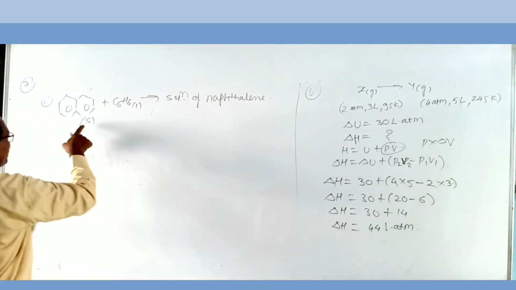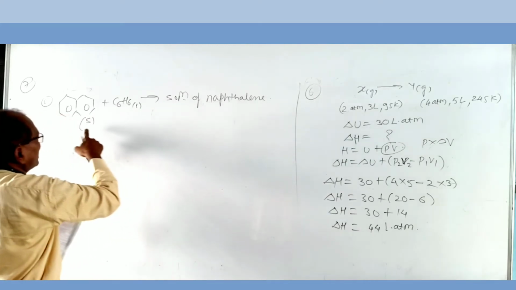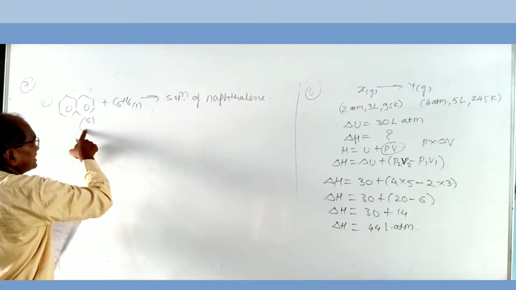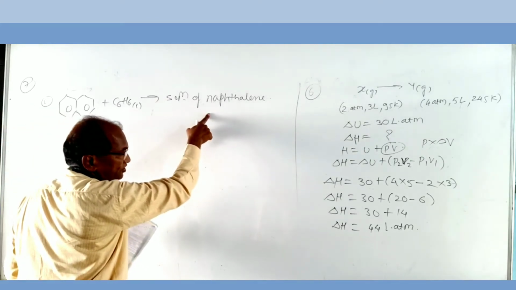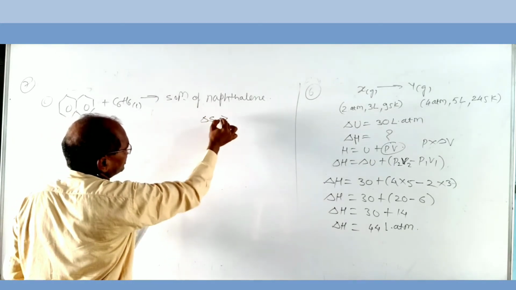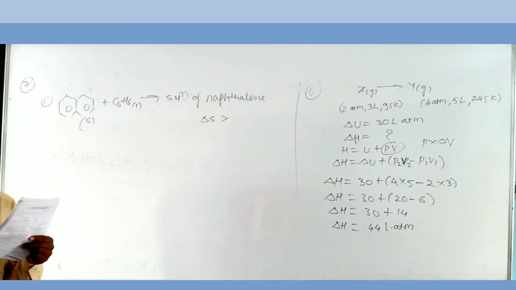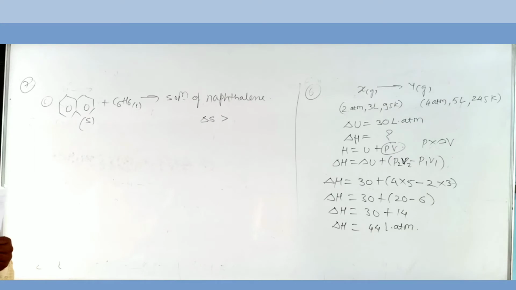Here solid naphthalene is converted into liquid naphthalene. Here less disorder, here more disorder, randomness increases, therefore delta S also increases. Therefore, the third answer is the correct answer.